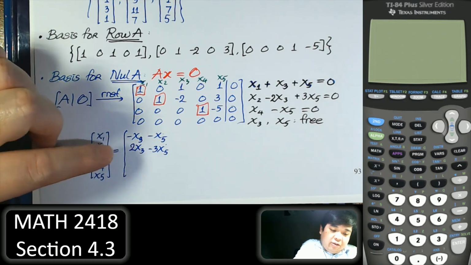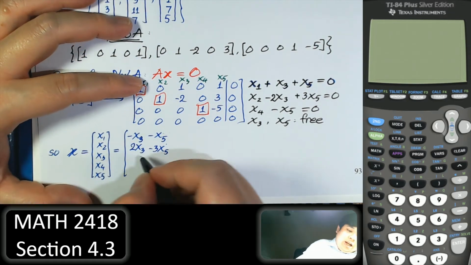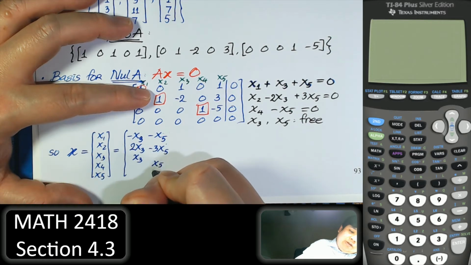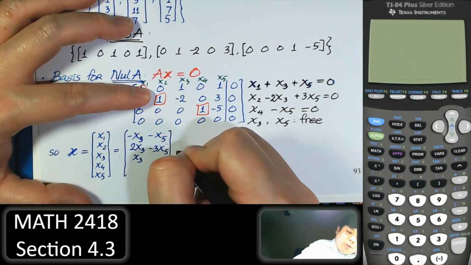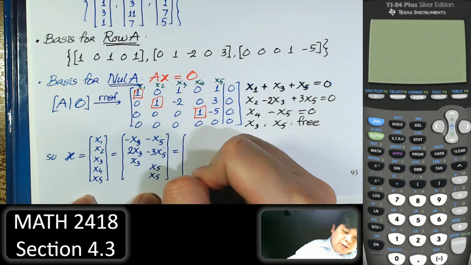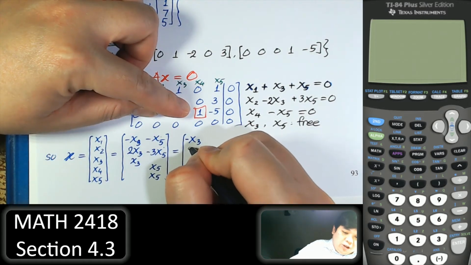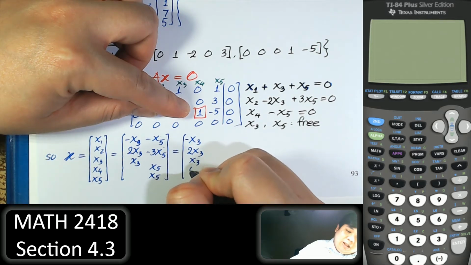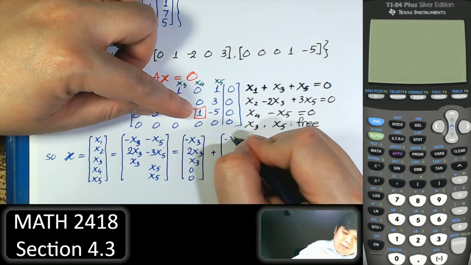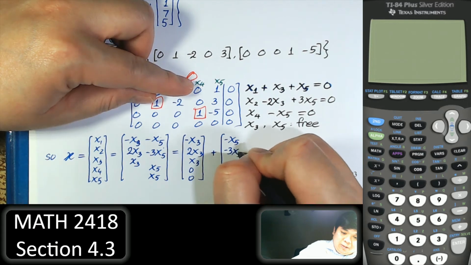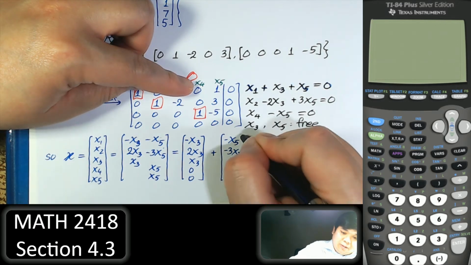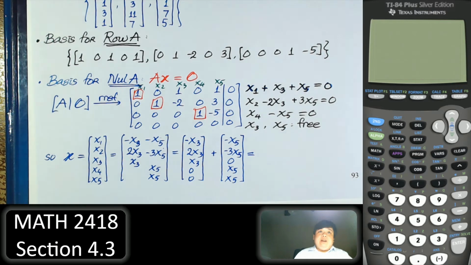Right, negative x3 negative x5, 2x3 minus 3x5, and then x3, x4 is equal to x5, and x5. So when we write like that, we can generally split them in 2. Later on we will do this technique quite a few more times. Then we can factor out x3.